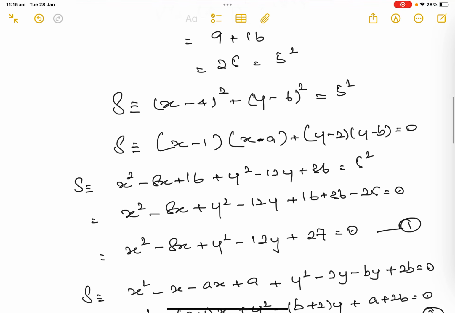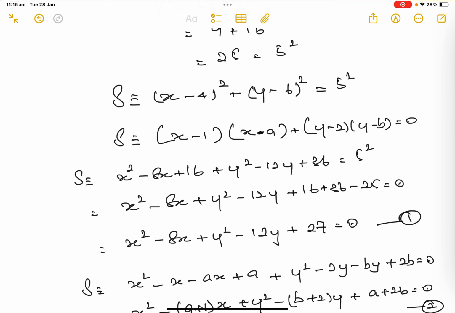Prior to that, expand the equation that we have found in single components. Expanding (x − 4)² gives x² − 8x + 16. As an A-level student, you should know this straight away.